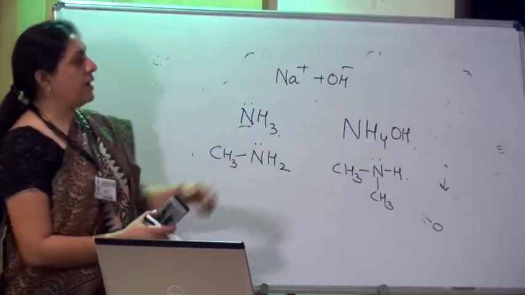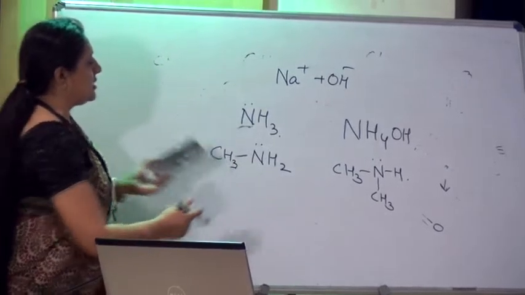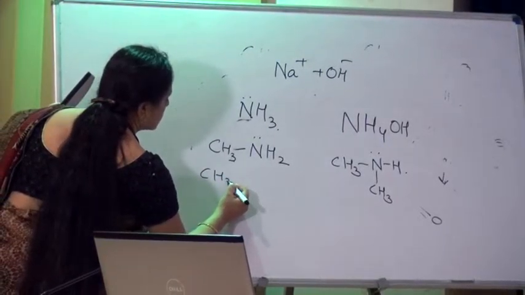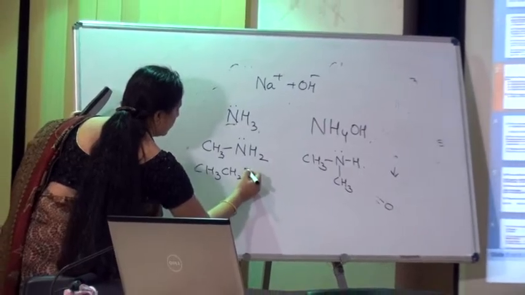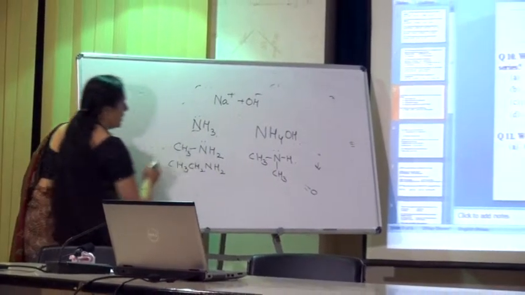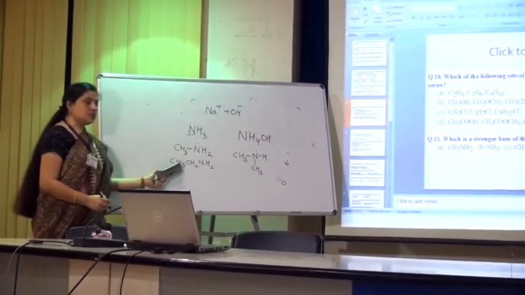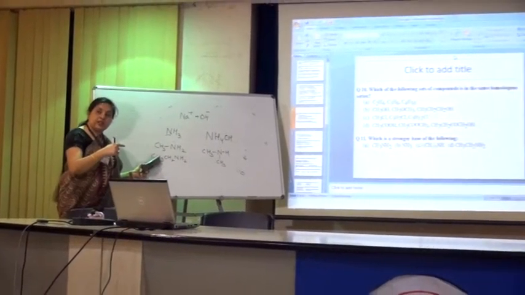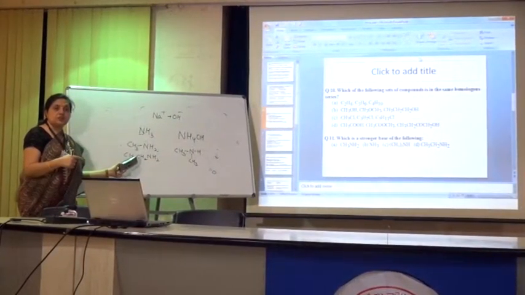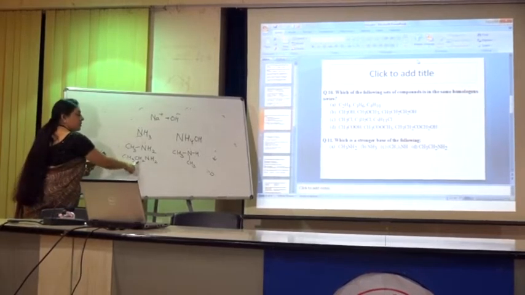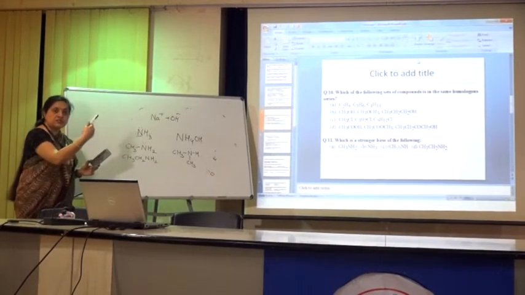Now if I compare this and this compound, CH3CH2NH2, this is methyl, this is ethyl. According to the inductive effect, this is an electron releasing group, so the basicity will increase.